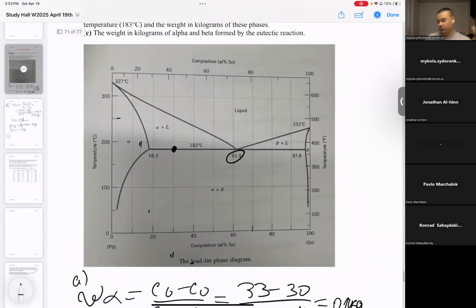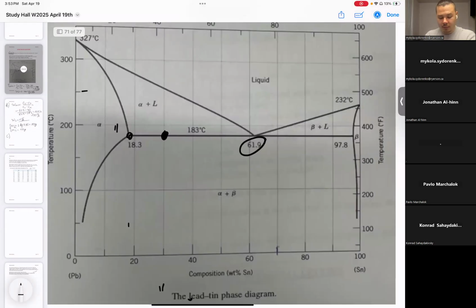Okay, we need to create a tie line. Again, the lever rule is the way to succeed in this question. What we need is the weight in kilograms of alpha and beta formed by the eutectic reaction. But now we need alpha and beta, not just alpha. When we needed alpha in part B, we were only concerned about this tie line because this is where we have alpha and liquid, and this is the eutectic reaction.